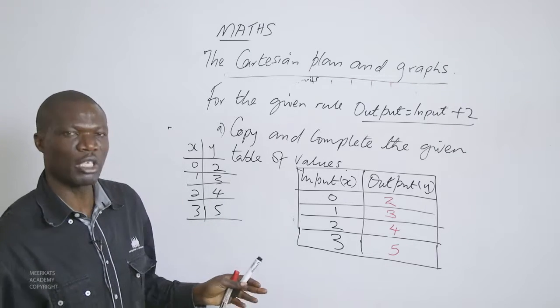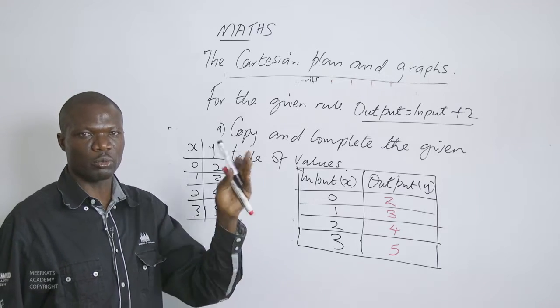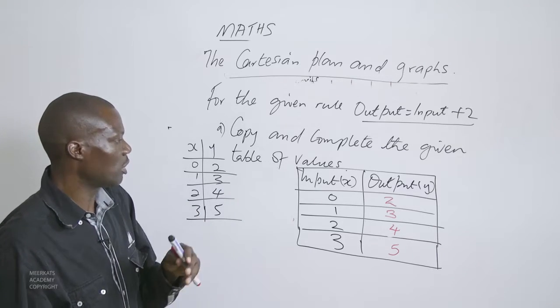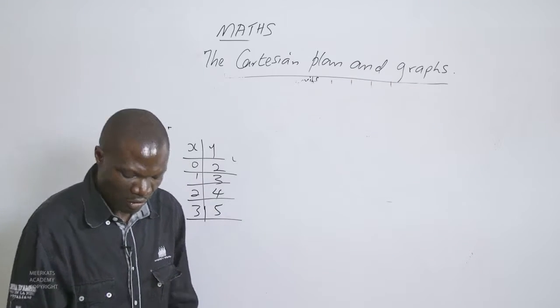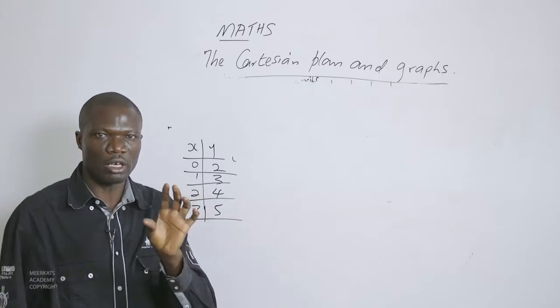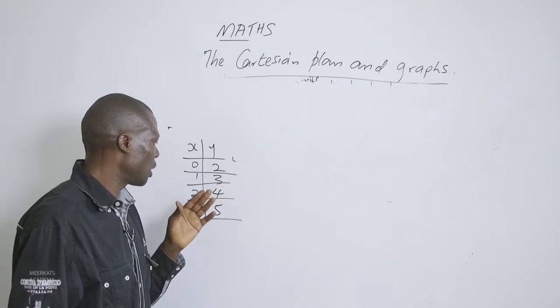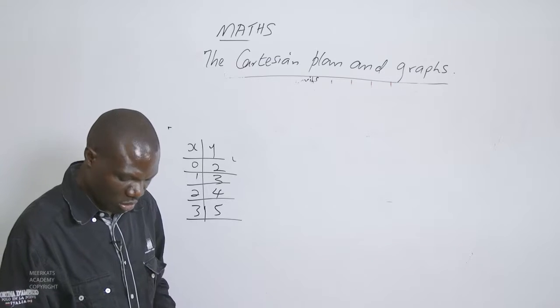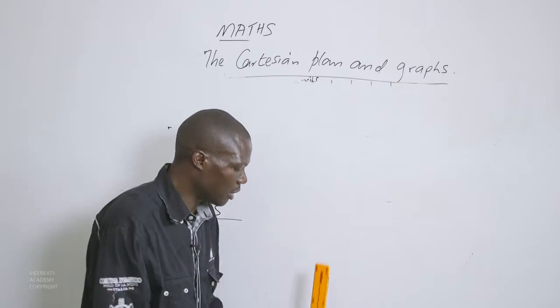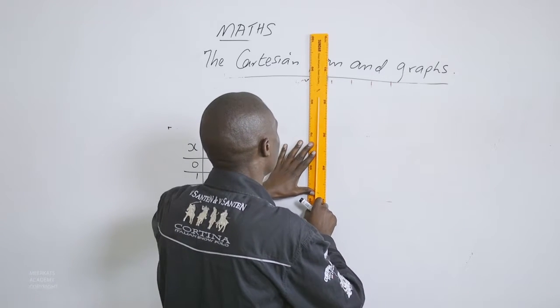Having had this information now, it's time to transfer it onto our spreadsheet or simply on our graph. As I said earlier on, you are guided by your coordinates. Do not put your coordinates at your own point. So the coordinates, we shall be guided by the table of values.